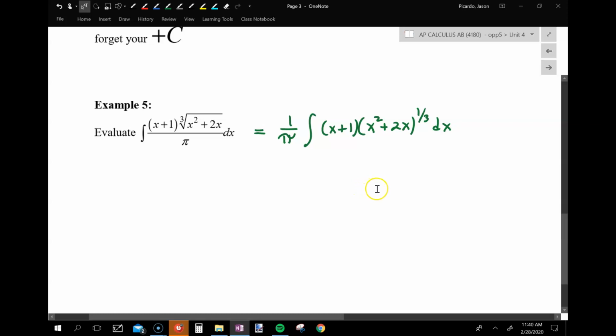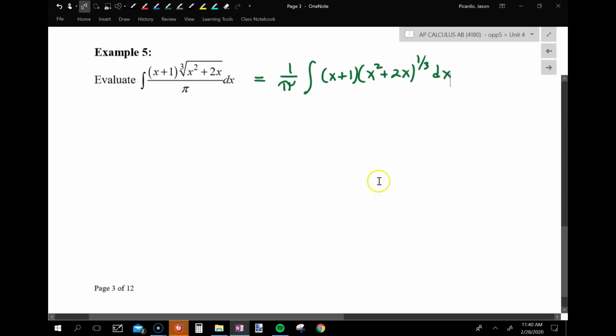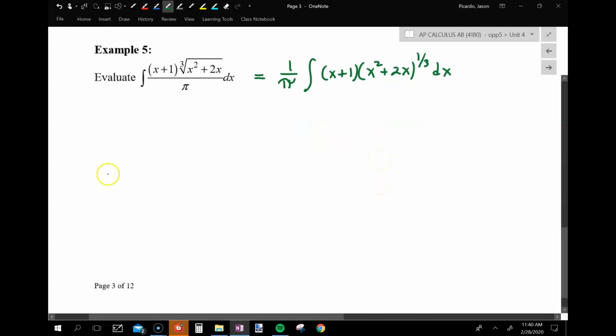I want to make sure I have the one that's going to give me the correct degree, okay? So yeah, let's go with u being x squared plus 2x. All right, derivative of that is 2x plus 2.